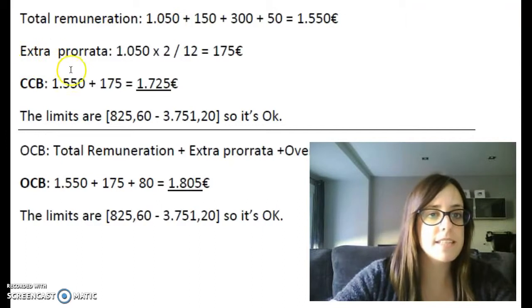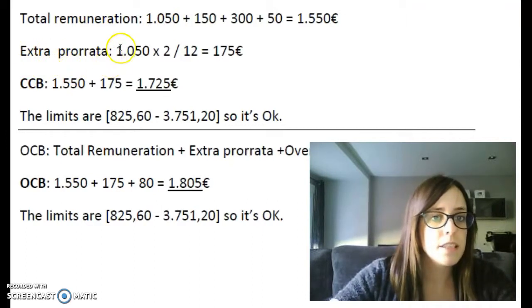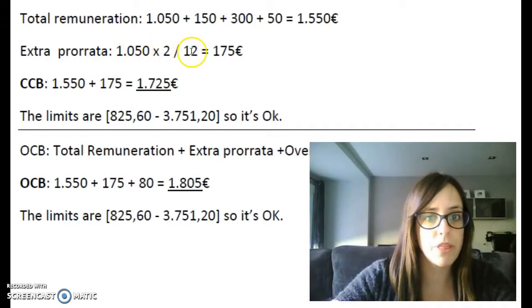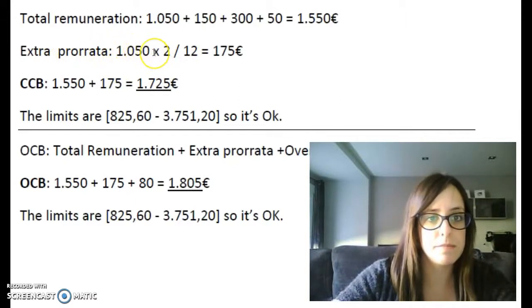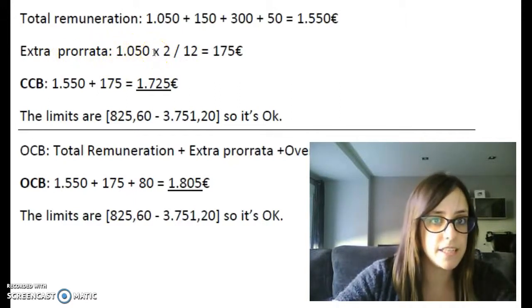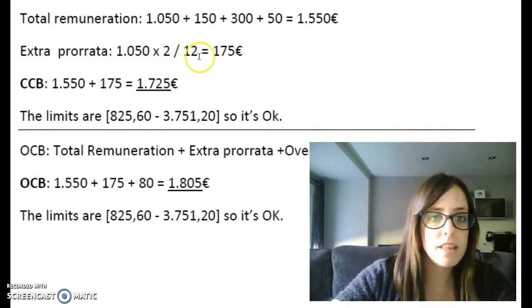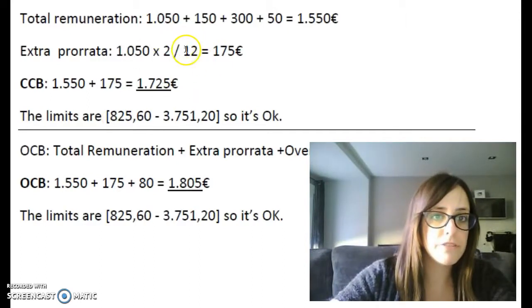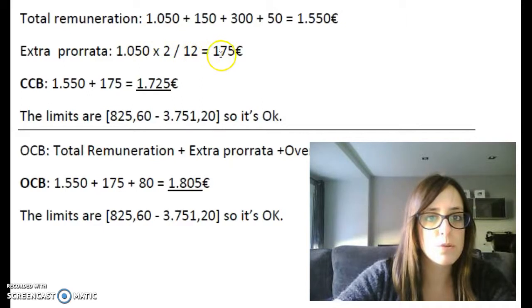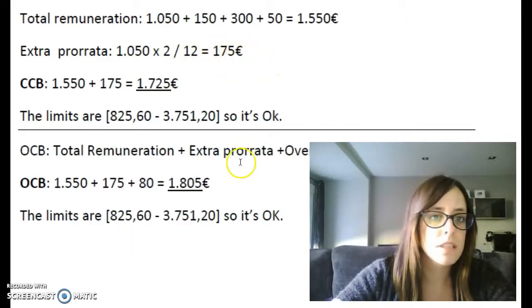And to calculate extra pro rata, we have to multiply by 2 and divide by 12 months. The base salary is 1050, multiply by 2 and divide by 12 months, and the result is 175 euros.